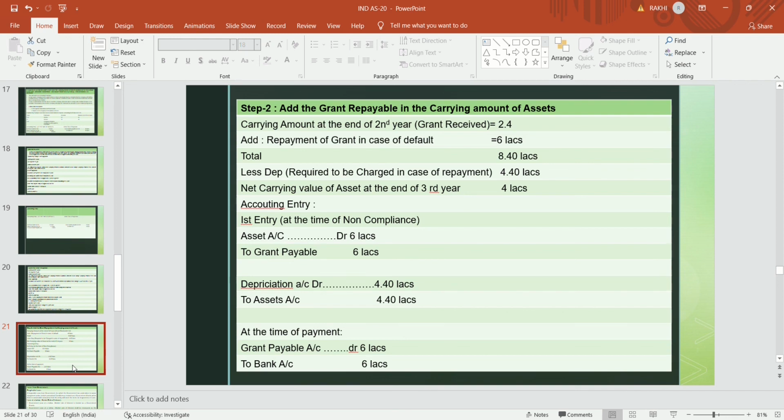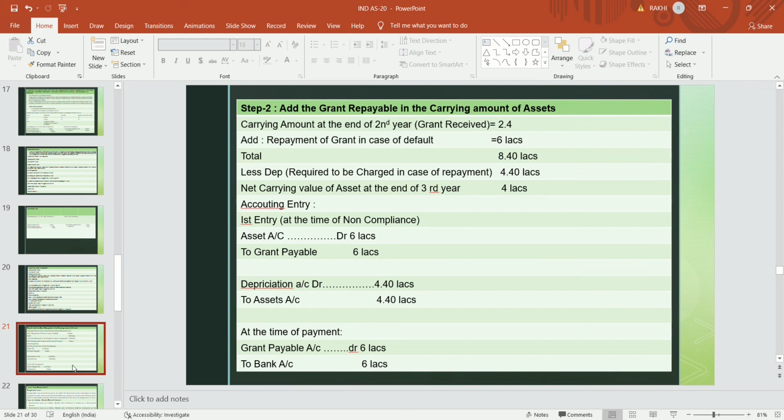We will add back the repayment of grant, whatever grant the company took from the government, to the carrying amount of the asset. So the total value of the asset is 8.40 in year 3, and the year 3 depreciation is 4.40. So the net carrying value of the asset at the end of year 3 is 4 lakhs.